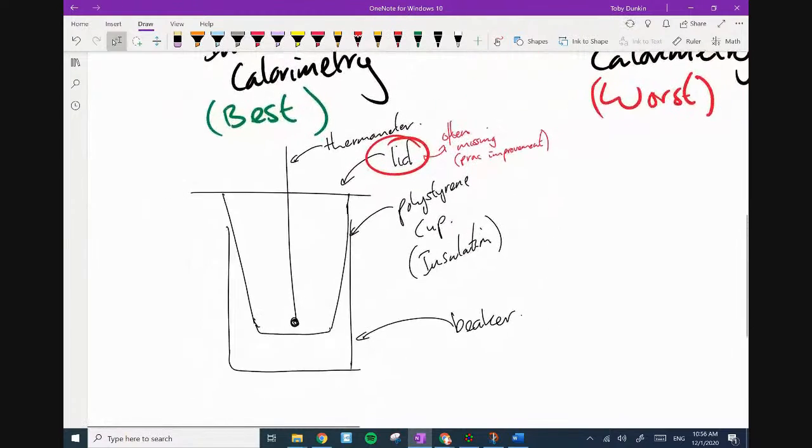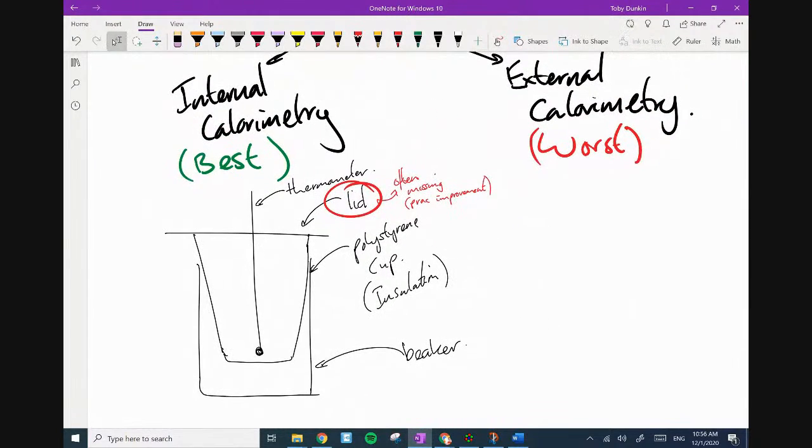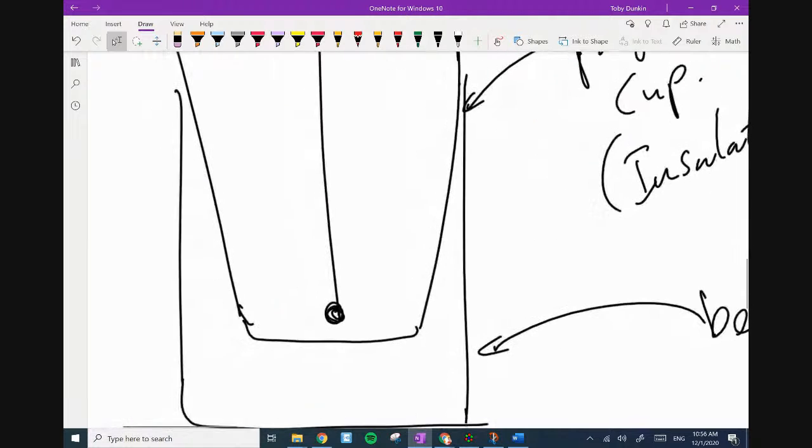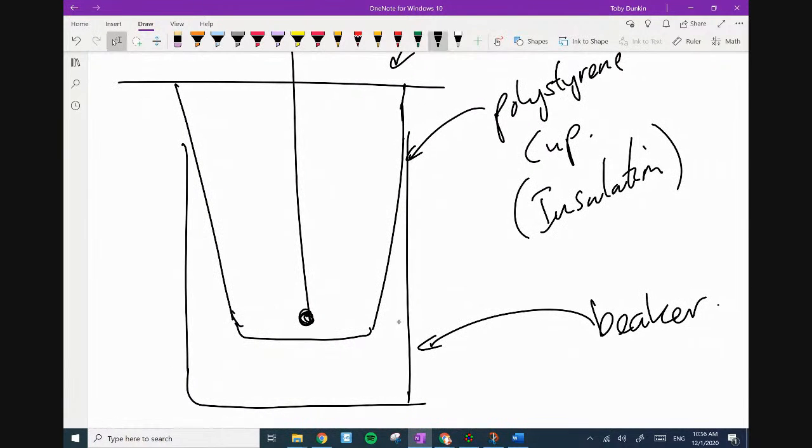So the idea behind internal calorimetry, why is it called internal? It's called internal because the heat energy of the reaction is occurring inside the beaker. That's why. Yeah, so inside here, we will have a solution of something. Sorry about the quality of my sketch. It's not great, is it? And then would be a reaction going on between these 2.